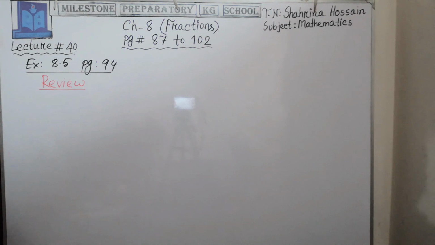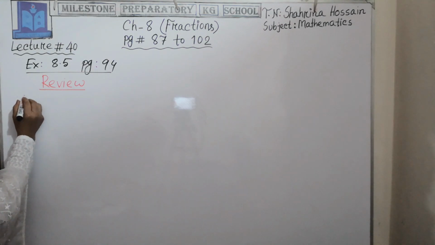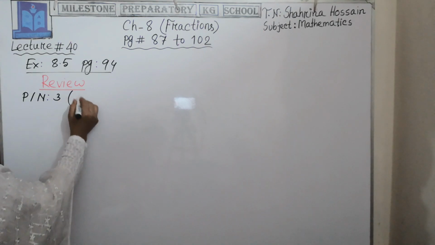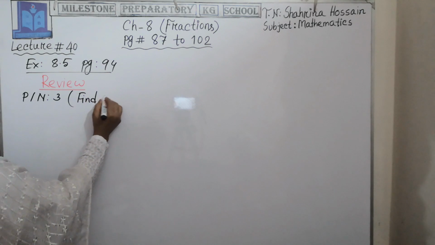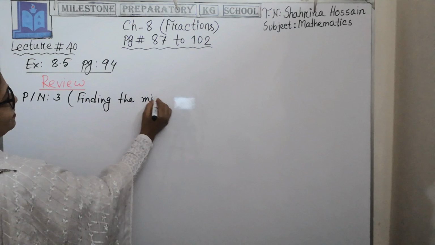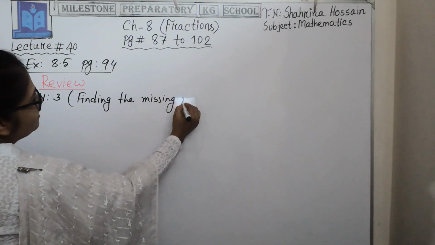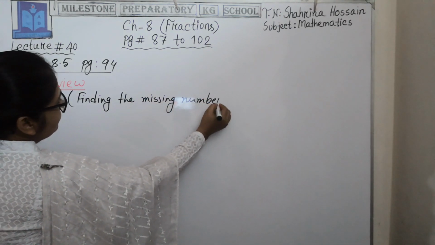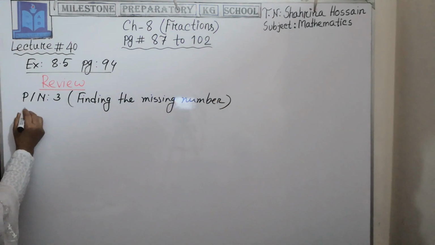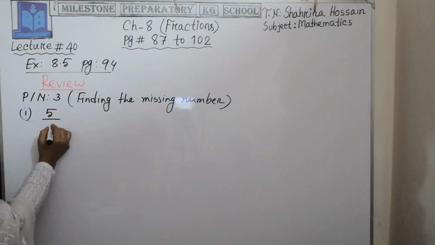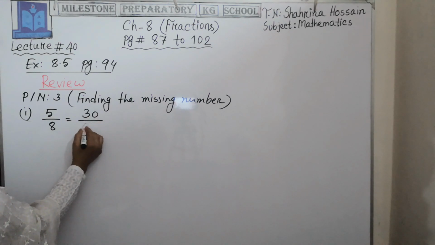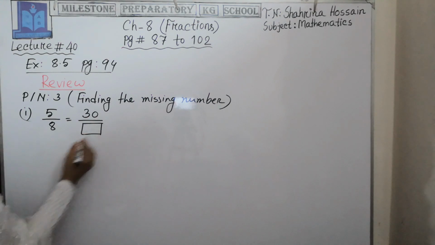From page number 94, problem number 3. Finding the missing number. 5 by 8 equals 30 by blank box.